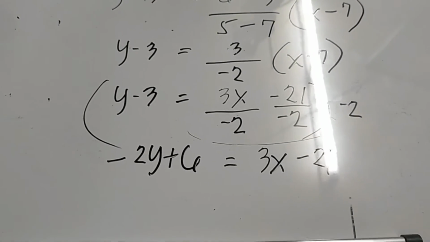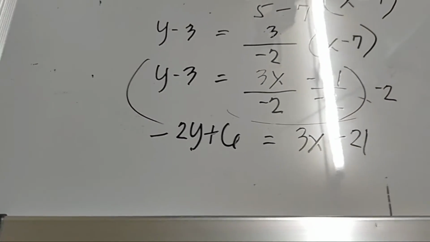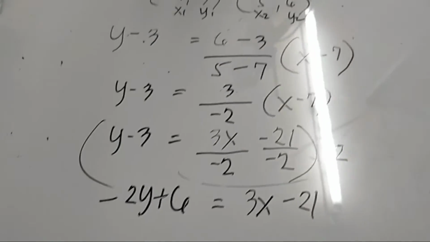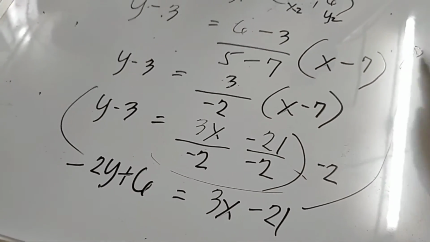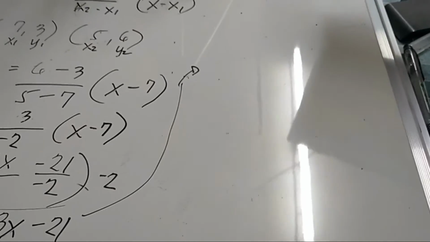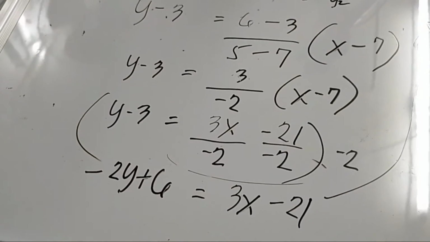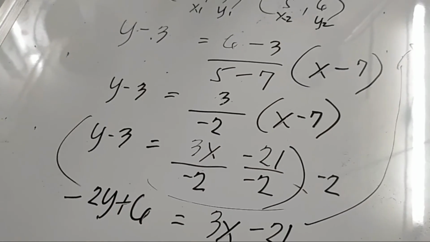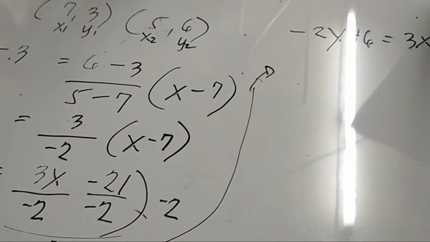After that, we put it in standard form. So negative 2y plus 6 equals 3x minus 21.